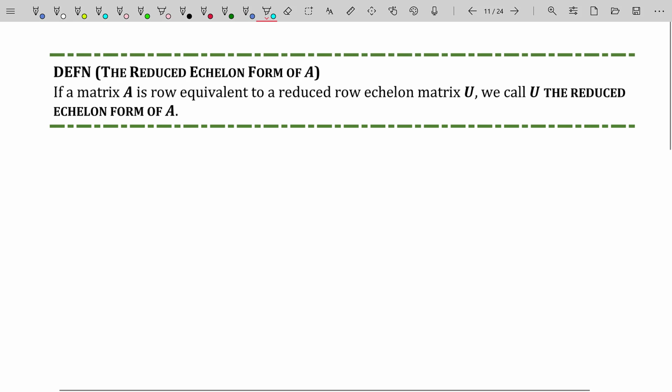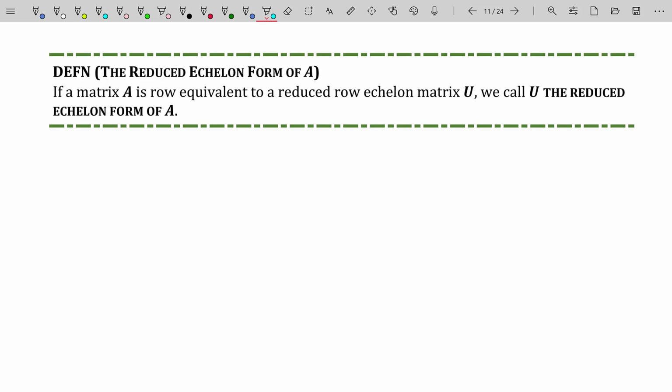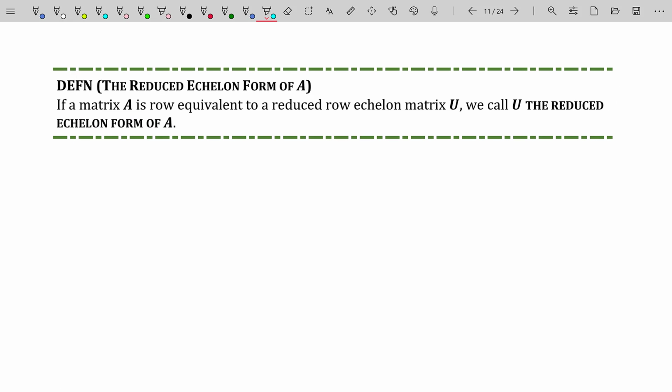In this case, if a matrix A is row equivalent to a reduced row echelon matrix U, then we call U the reduced echelon form of A. That's because U is going to be unique. That's what I was harping about a moment ago, that each matrix has one and only one reduced echelon form. So if you arrive at the reduced echelon form for a matrix, you could say, this is the reduced echelon form for that matrix A. Now we're all speaking the same language.